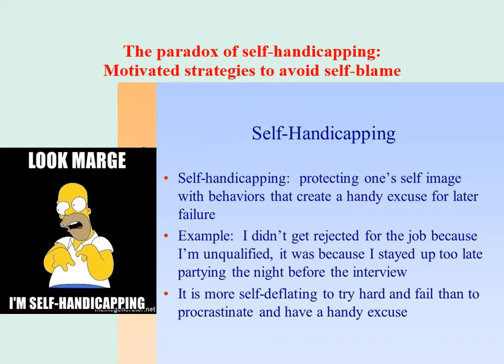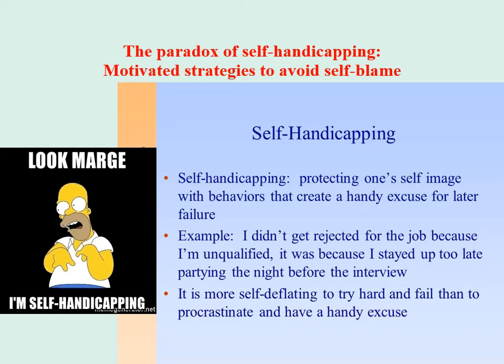Often people employ fairly complex, motivated mental gymnastics to create situations in which they can avoid self-blame. That is the paradox of self-handicapping.